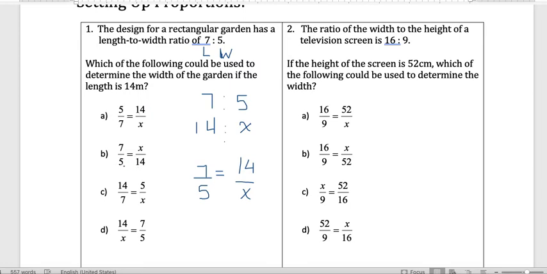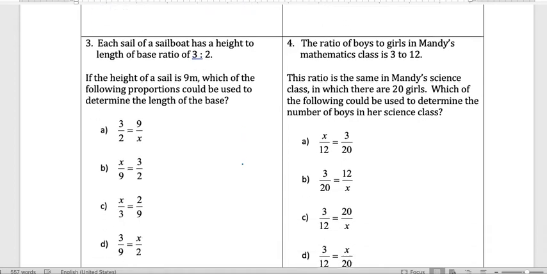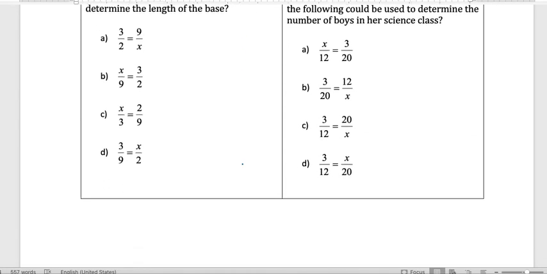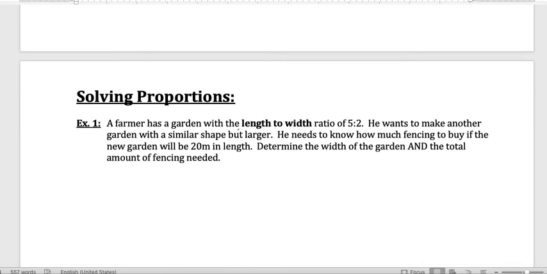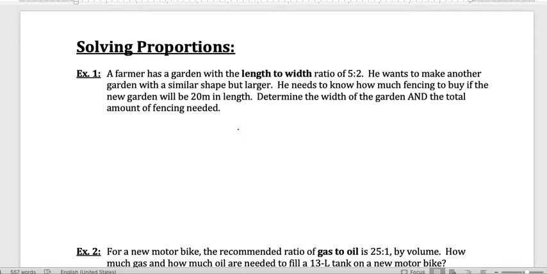So similarly, it can't be here. Can't be here either because 14 and 5 are both lengths. So it has to be D. So I'm going to leave the questions 2, 3, and 4 for you guys to work on. If you have questions, send them to me, and I'll go through one of these examples, and then I'm going to leave the rest for you guys to do.